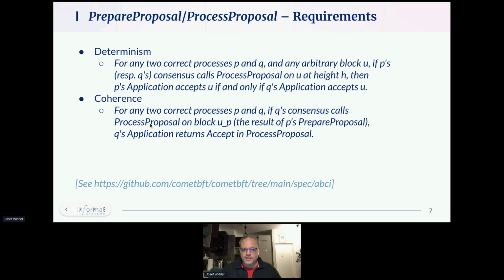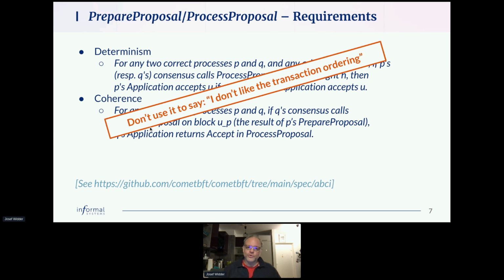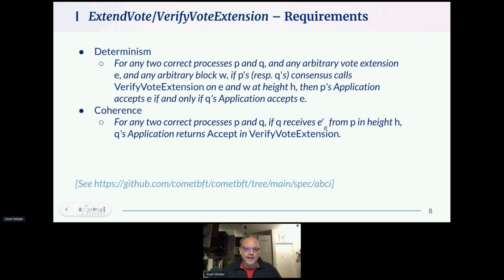So what this means, roughly speaking, is don't use it to say I don't like the transaction ordering. Use it to say, okay, this transaction ordering is against the application rules, this was misbehavior on the proposer side. But just trying to change things according to our own preferences might have influence on consensus liveness, so we should not do this.